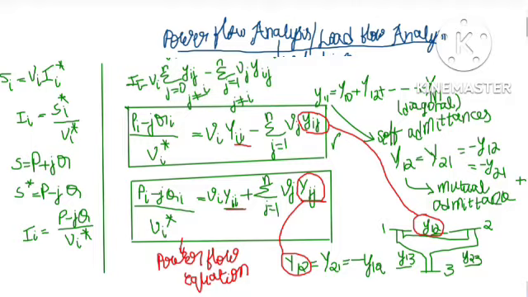What we had in the previous? We got the previous final equation as, this is the previous final equation. This is the final equation which we had got.